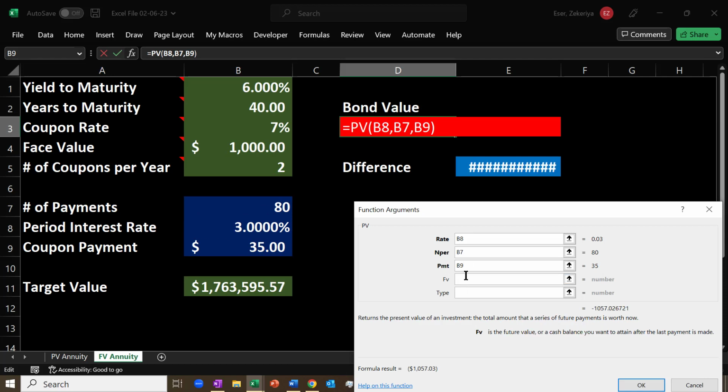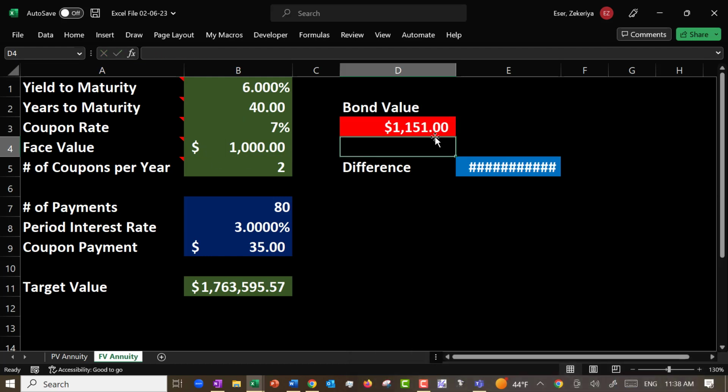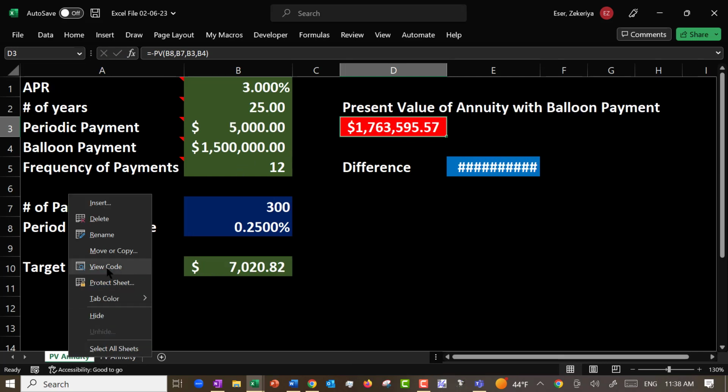And I'm going to put a negative in front to make it a positive number. And let me delete this. And let's call this bond value. Okay.